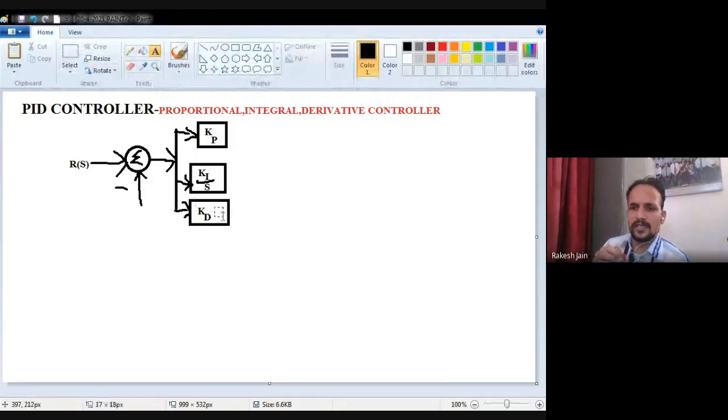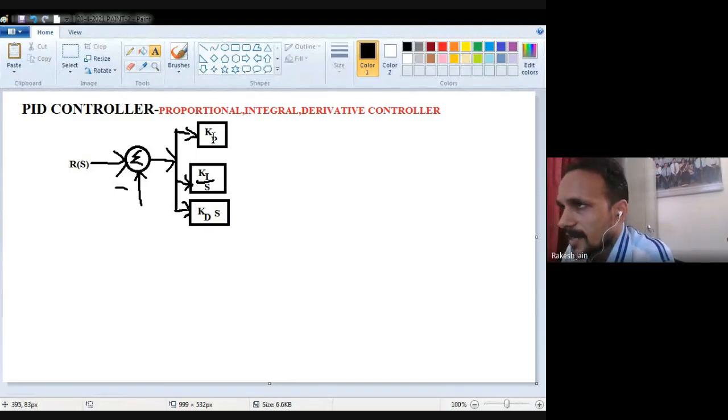So Kp is the proportional constant, Ki is the integral constant, and Kd is the derivative constant. Because all three are in this proportional integral derivative controller, we use Kp for the proportional, Ki by s for the integral, and Kd s for the derivative part. And they will be added to each other.